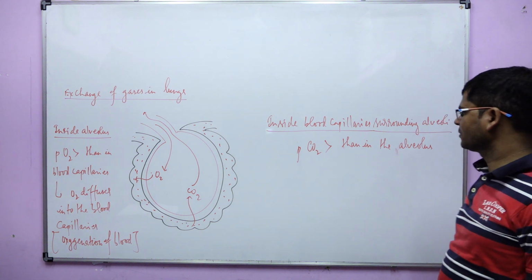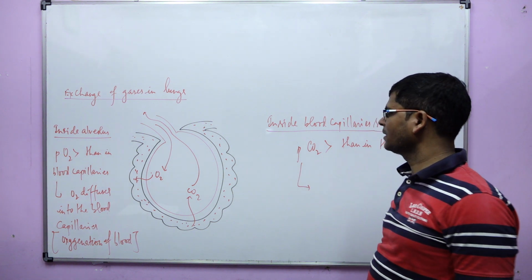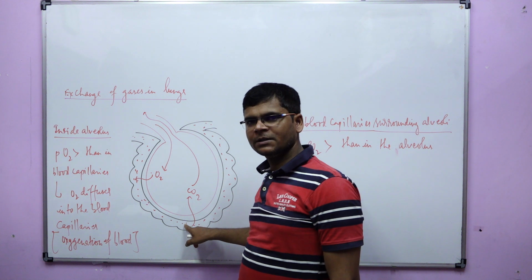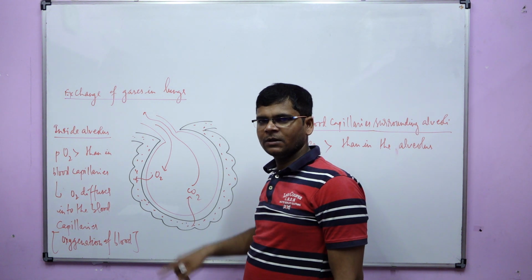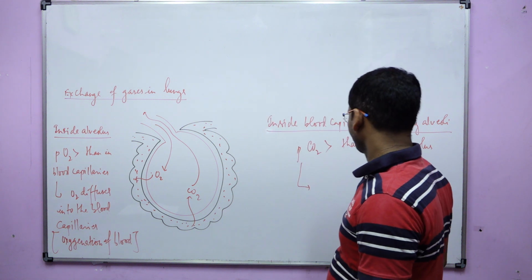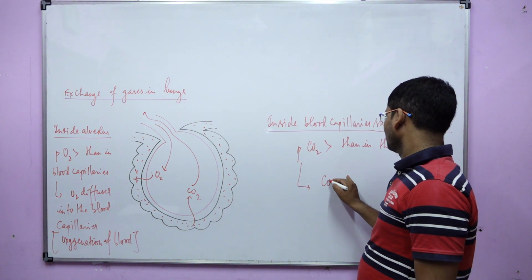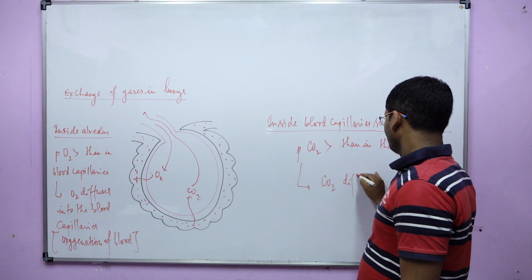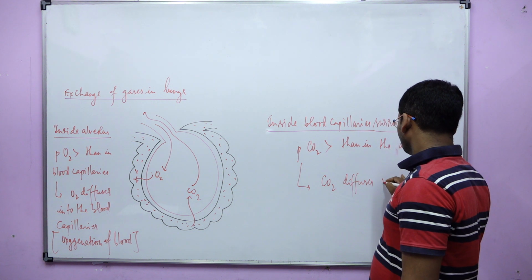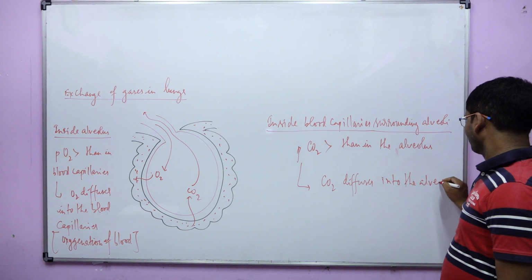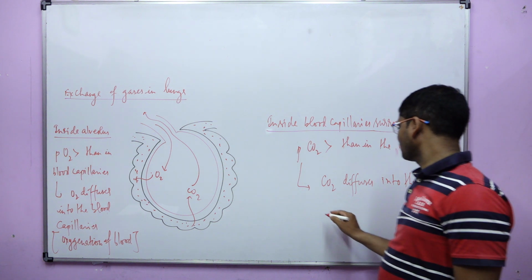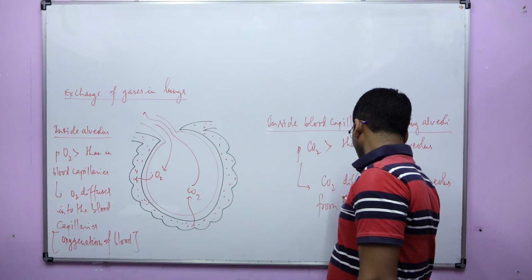Since more pressure is there, and always diffusion takes place from higher level to lower level, carbon dioxide diffuses into the alveolus from blood capillaries.